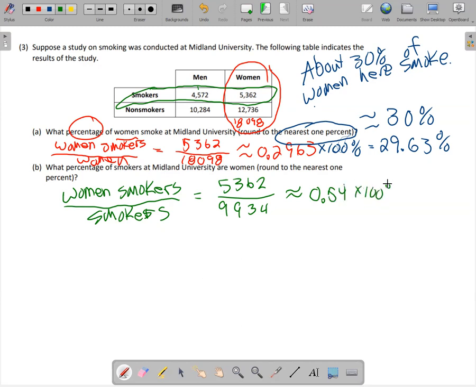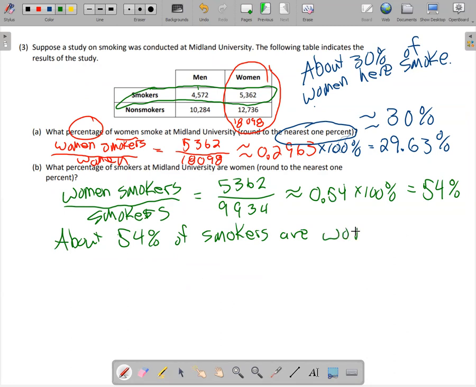Multiply that by 100% to make a percentage, which gives me about 54%. All right, so about 54% of smokers are women. So I'm just basically restating the question with the percent we calculated as a statement.